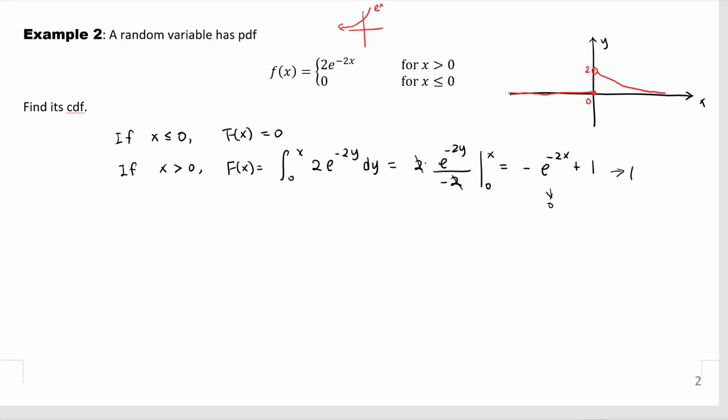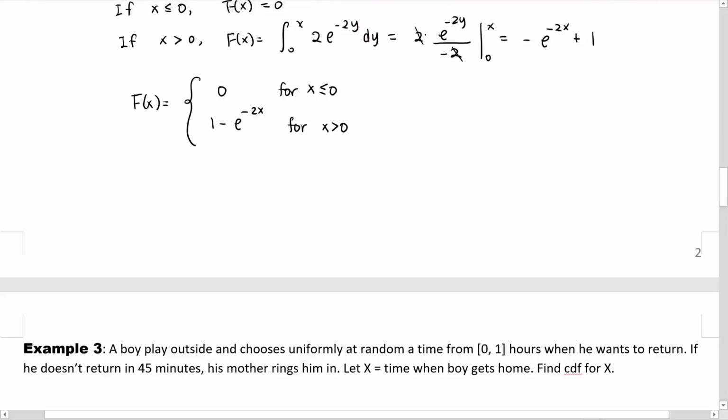And it makes sense, because to be a CDF, the limit when x goes to infinity should be 1. All right, so let's put them together into a piecewise function. It's 0 for x less than or equal to 0, and 1 minus e to the minus 2x for x greater than 0. All right, so that is example 2.